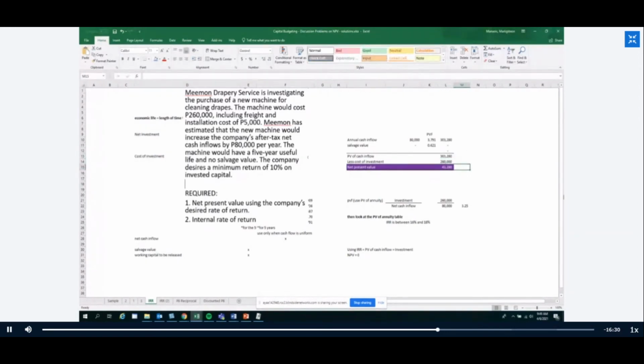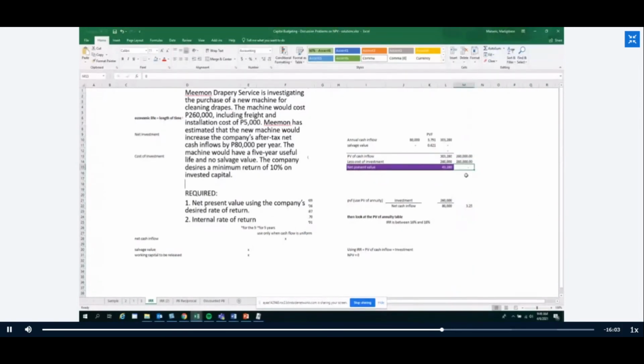Naalala mo yan, di ba? Yung sabi kanina. So, net present value is 0. Dapat daw ang cost of investment is 260,000. Pero para maging 0 ang net present value mo, dapat ang present value of cash inflow mo is 260,000 din. Tama ba yan? Yan yung pinag-usapan lang natin kanina, di ba?